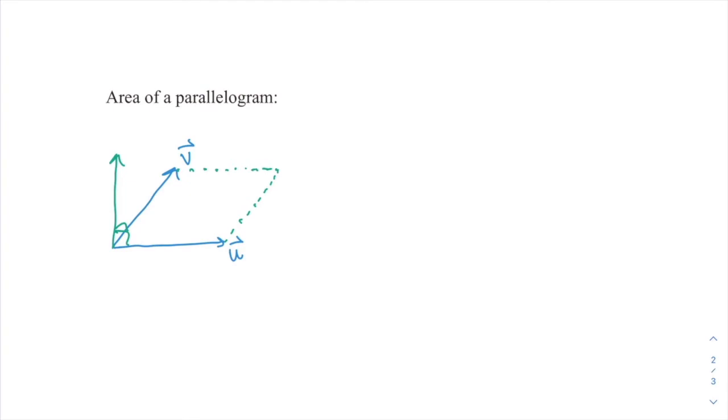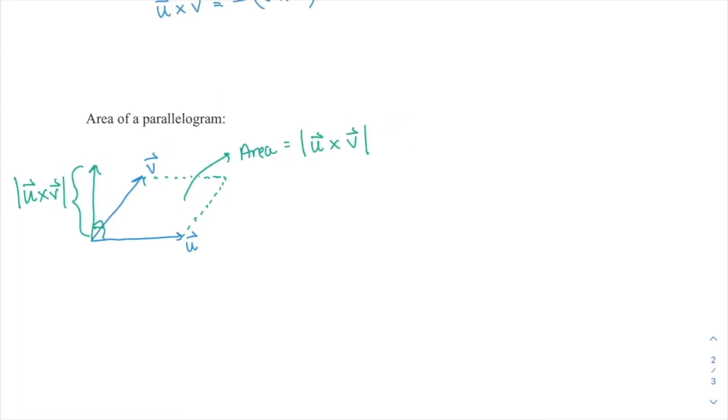So this area here is equal to the magnitude of U crossed with V. So that's the length of this vector.